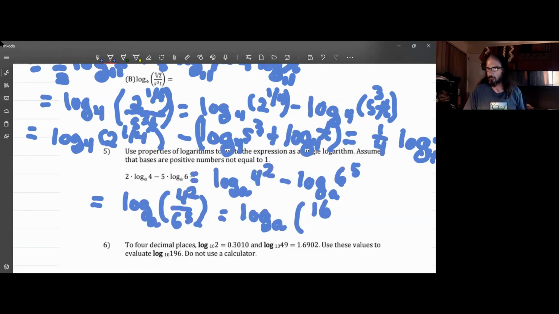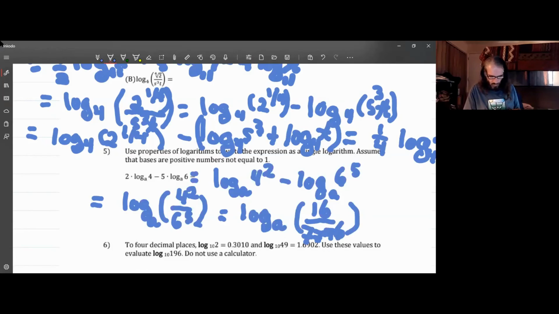Then figure out the 4 squared is 16, and 6 to the 5th, let's see, 7,776. Now that can be reduced.